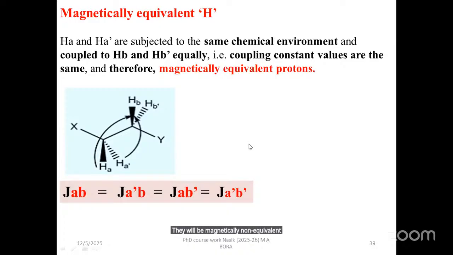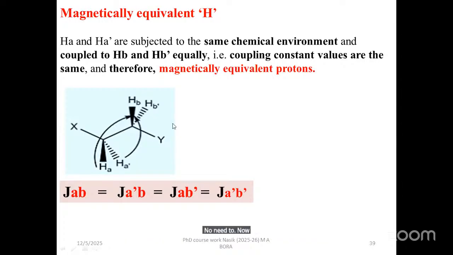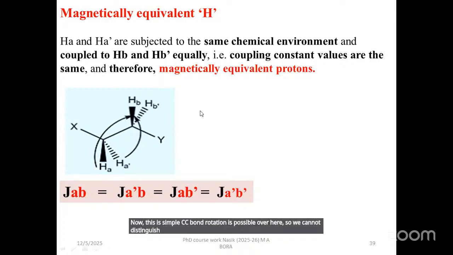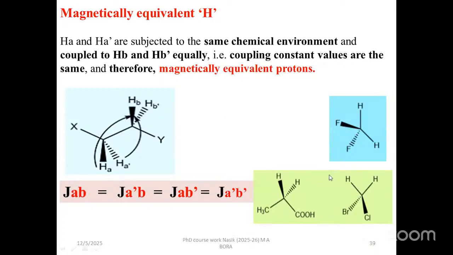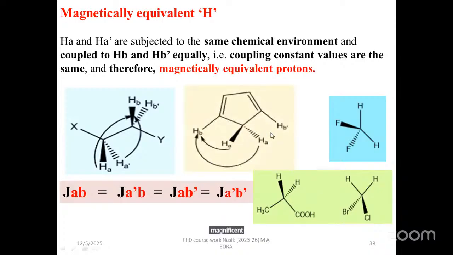Now, this is a simple C-C bond where rotation is possible, so we cannot distinguish them. It's a flexible system, so these protons become equivalent in all respects. See here, these two protons are equivalent, and these two protons are equivalent. So they are all called magnetically equivalent protons.